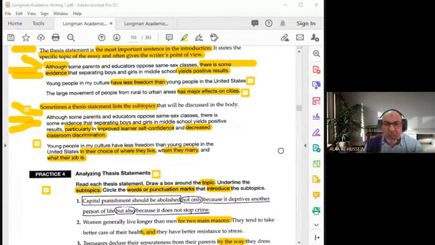What are those several reasons? I'm going to explain about this thesis statement. I'm going to mention maybe two, maybe three, maybe four body paragraphs, maybe one body paragraph.